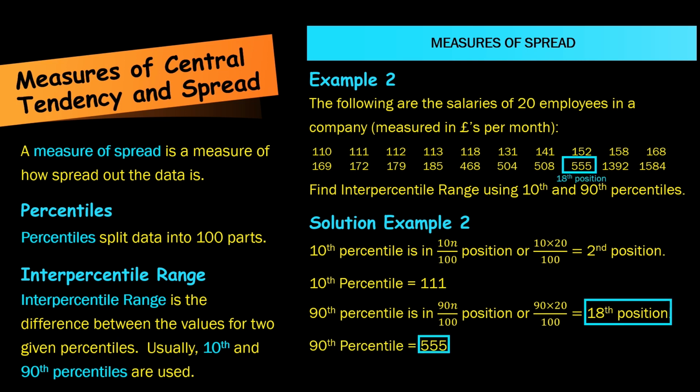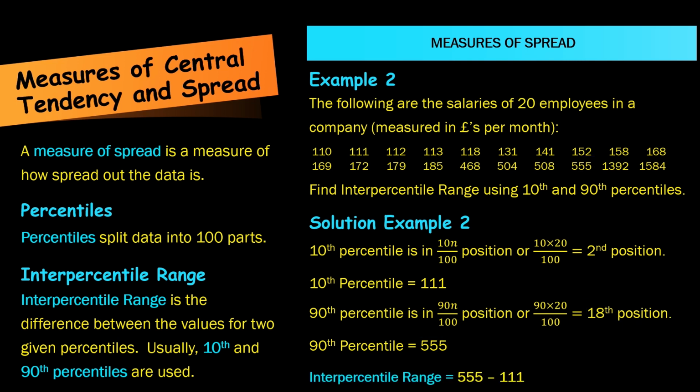So the 90th percentile is 555. Therefore, the interpercentile range is the 90th percentile, which is 555, minus the 10th percentile, which is 111. And this is equal to 444.